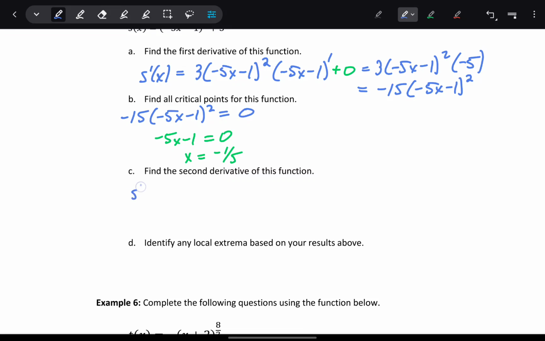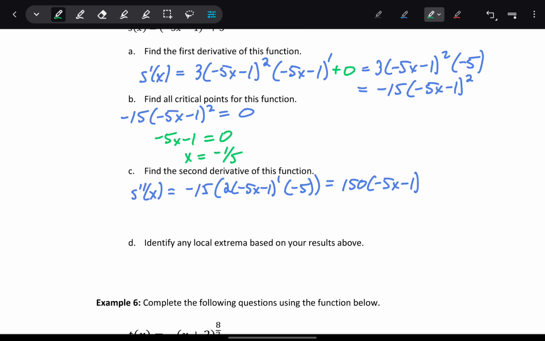We'll try to apply the second derivative test, meaning we'll first find s double prime of x, which will give us negative 15 times 2 times negative 5x minus 1, now raised to the first power. Then multiply that by the derivative of negative 5x minus 1, which will just be negative 5, which will give us positive 150 times negative 5x minus 1.